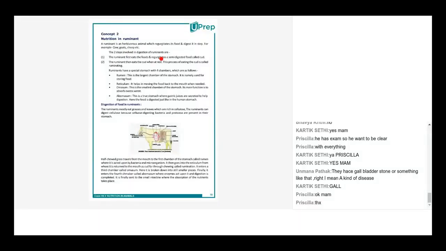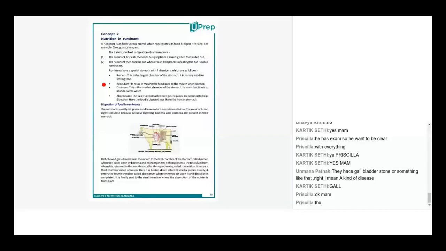So basically, what is the definition of ruminant? They are herbivores. Ruminants are the herbivores. They are also known as cud-chewing animals. They follow two steps in their digestion.